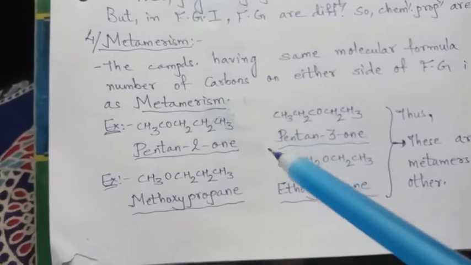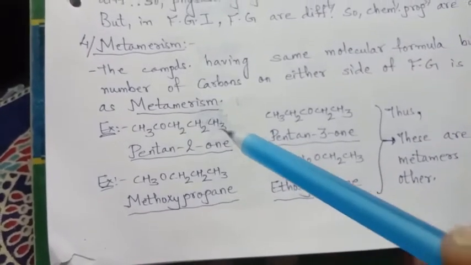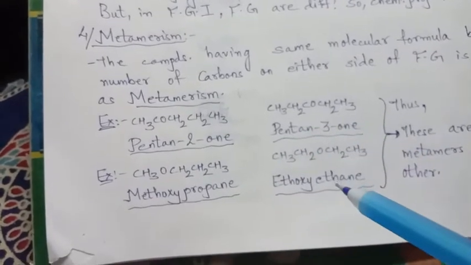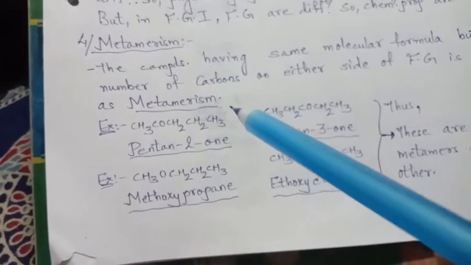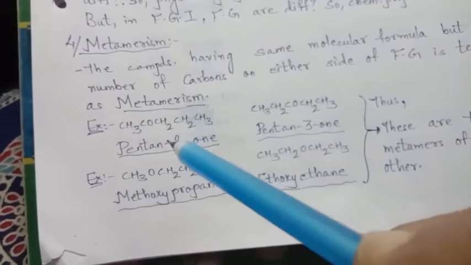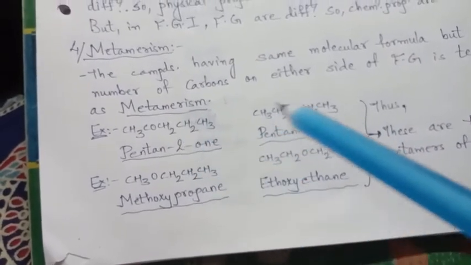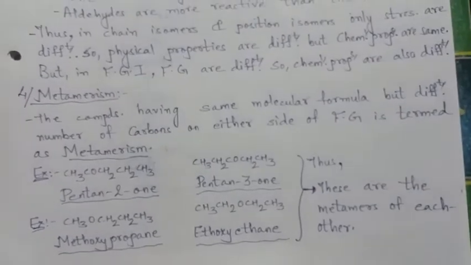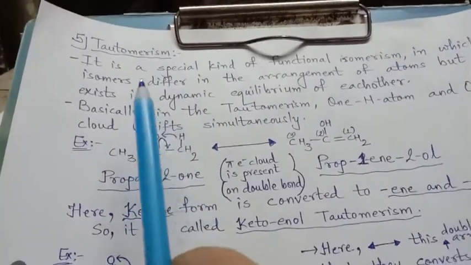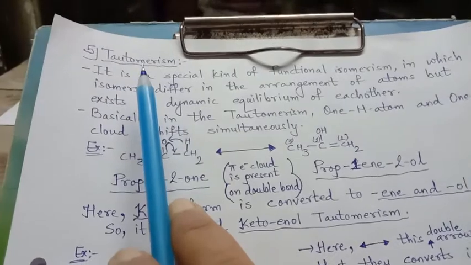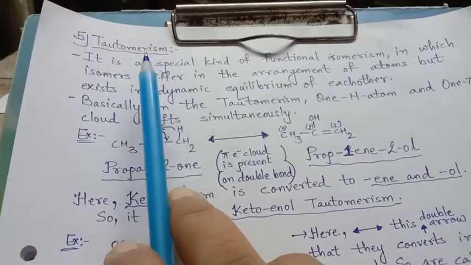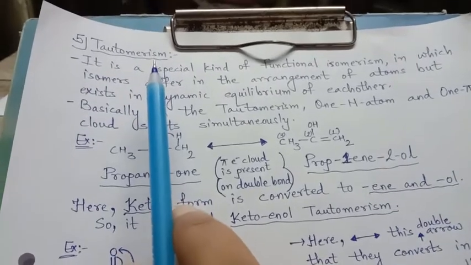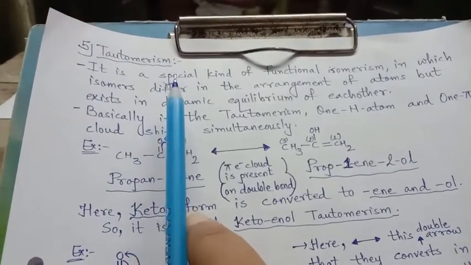When a group has a different number of carbons on either side but the same molecular formula, then it is a metamerism process and the compounds are called metamers of each other. Now see, as per our textbook, we have 4 classifications: chain isomers, position, functional group and metamerism.